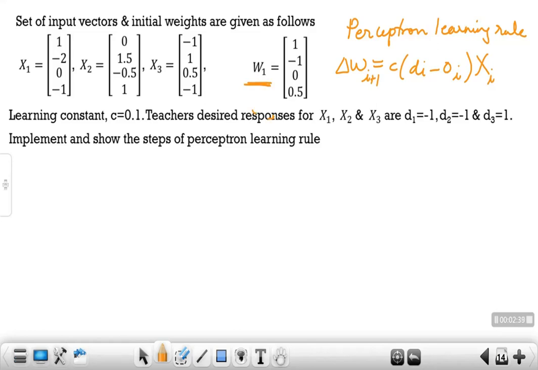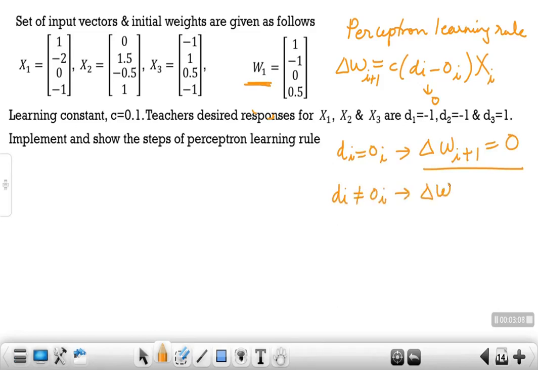We have already seen that you can calculate it very easily depending upon the value of di minus oi. So when di is equal to oi, this term reduces to 0, and therefore the weight update will be equal to 0.